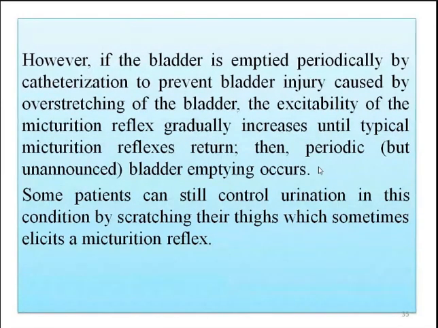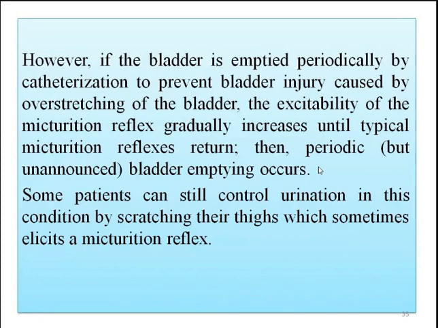So here the supraspinal control, that is the control by the higher center, is not there. Hence, there will be periodic emptying of the bladder, but this will be unannounced. Automatically after the urinary bladder is filled to around 400 ml, there will be automatic voiding of the urine, so there is no voluntary control.